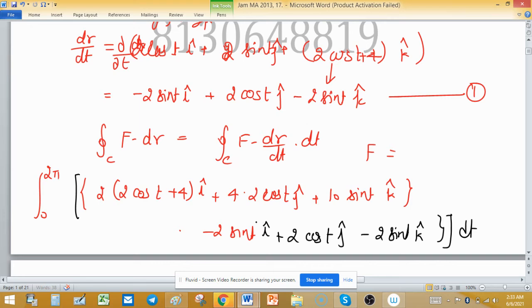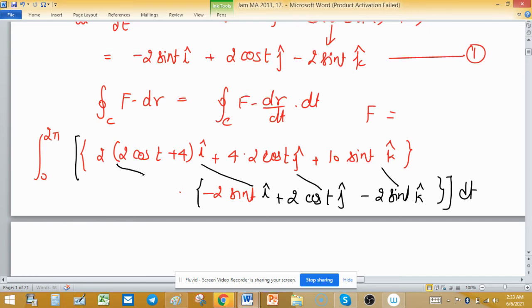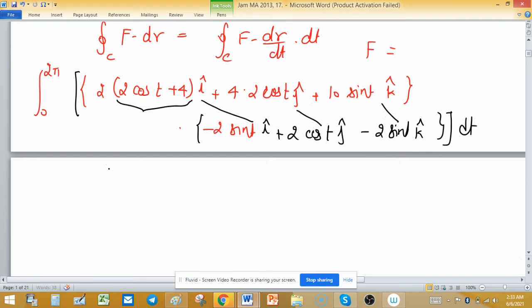So we have to take the dot product of these two: i with i, j with j, and k with k. From the i term, 2 times 2 is 4 and 4 times 2 is 8, so minus 8 sin t cos t, minus 4 times 2 is 8 and 16, so minus 16 sin t.